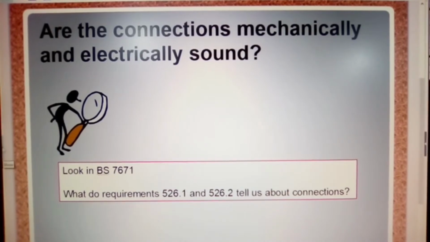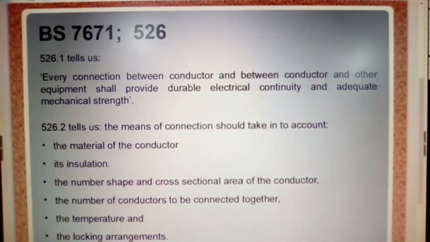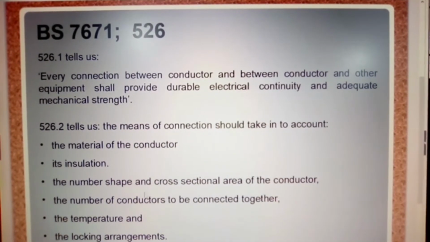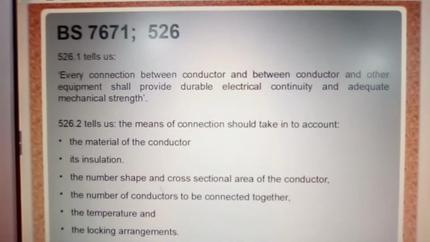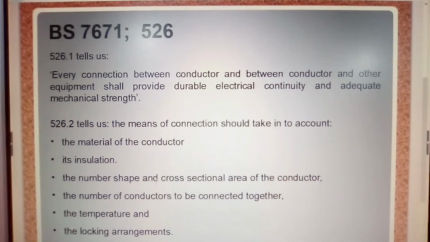That is your responsibility. Do not ignore it. And again, BS 7671 Section 526, make sure you look at the current regulations and that it is still in force and still applicable and no change has been applied.